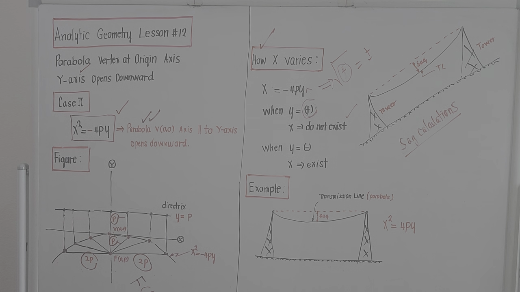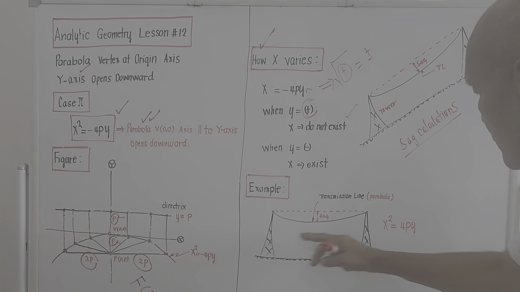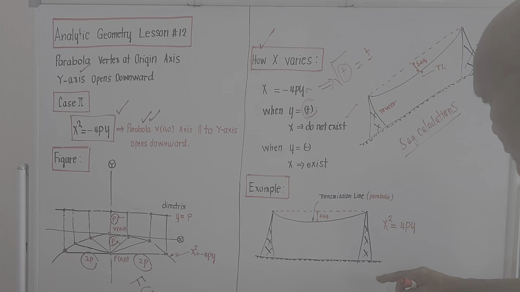Like if we try to draw two transmission towers, tower number 1 and tower number 2, this is just an illustration.